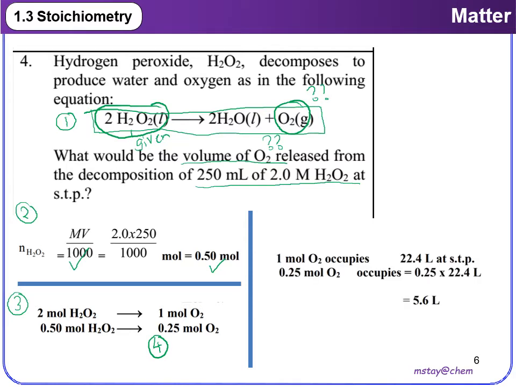And then step number 5, we are going to use the number of mole to determine the volume. Because the condition is STP, that is why we need to multiply with 22.4 liter.